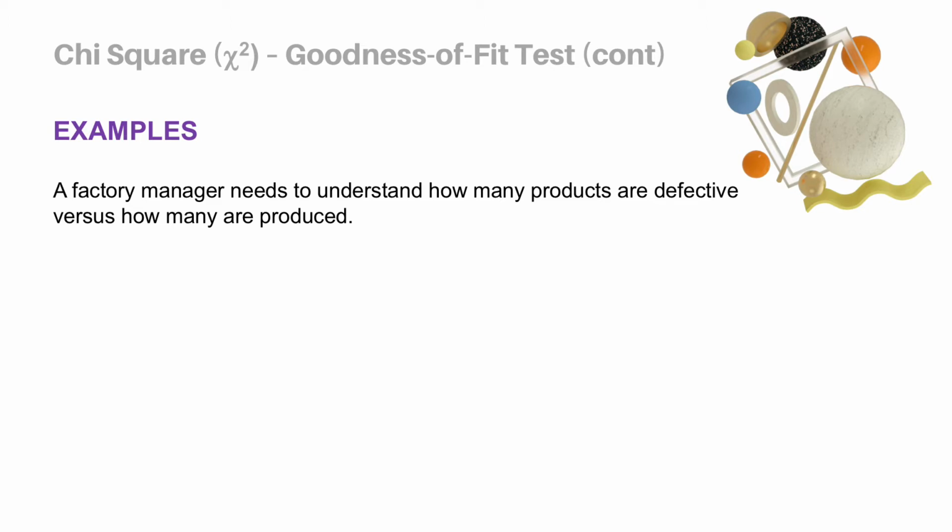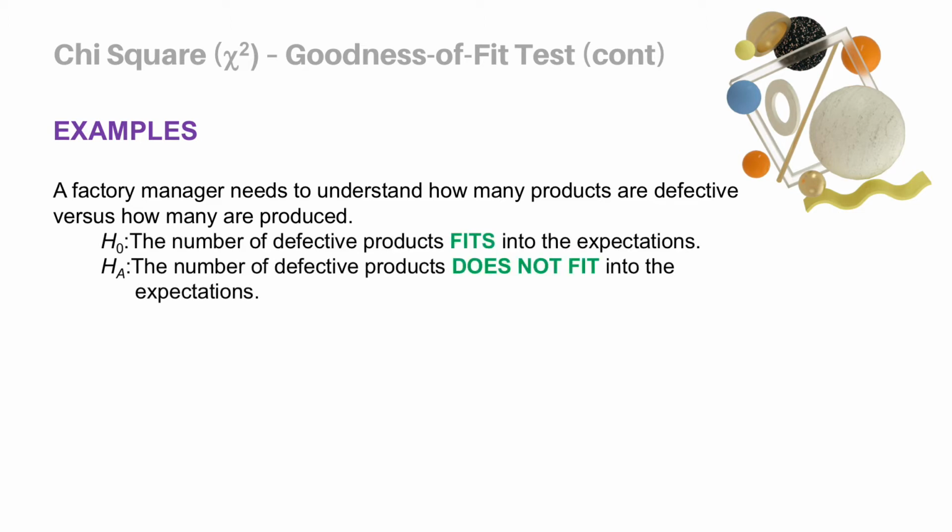The first one is the actual number of defective products, and the second one is the estimated number of defective products. Hence, the null hypothesis can be written as the number of defective products fits into the expectations, and the alternative hypothesis can be written as the number of defective products does not fit into the expectations.